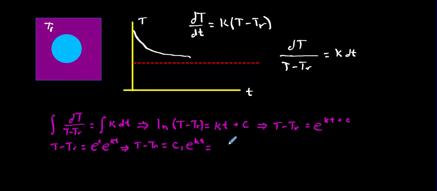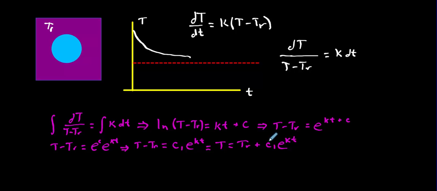I could go ahead and say T is equal to T sub R, just add that to both sides, plus C1 E to the KT. So this is my solution. You give me a room temperature, I can put in for TR, and notice I've still got two things to solve for.